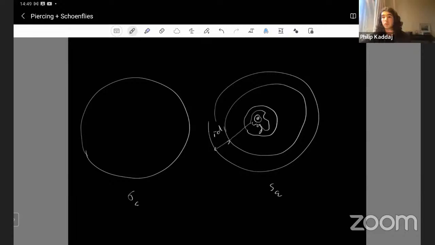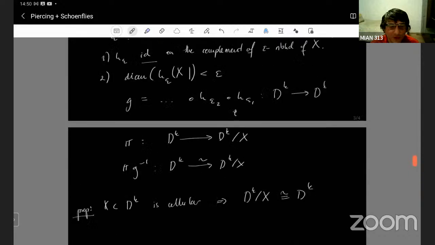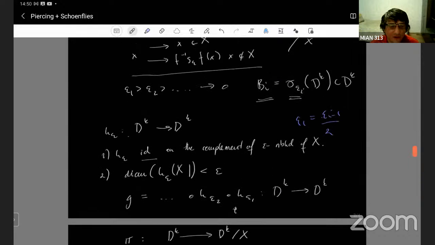Okay, Philip. Sure. So let's assume for simplicity that F is piecewise linear on the complement of X, to simplify matters. Could you please go back to the previous picture with blue sets?